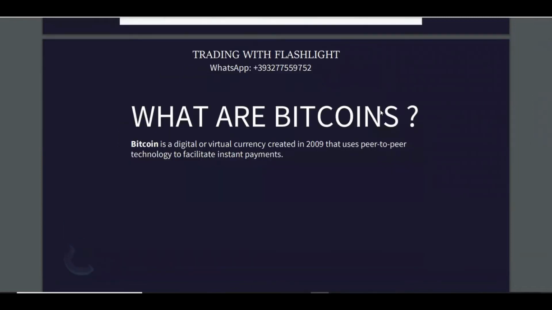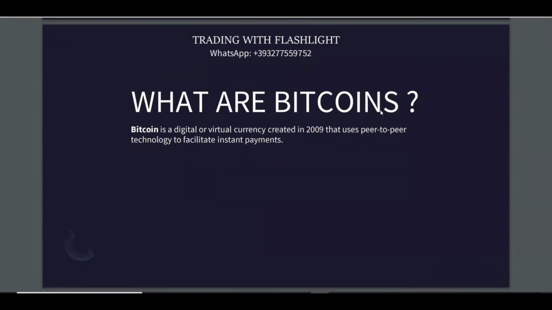So next one, what are Bitcoins? Very simple. Bitcoin is a digital or virtual currency. It means that there's not a physical coin where you're going to see Bitcoins. No, it's just digital and virtual. It's like WhatsApp. You are never going to see a physical WhatsApp. It's just an app.